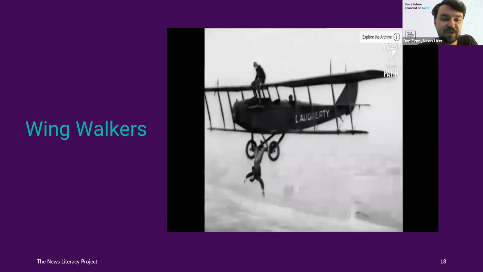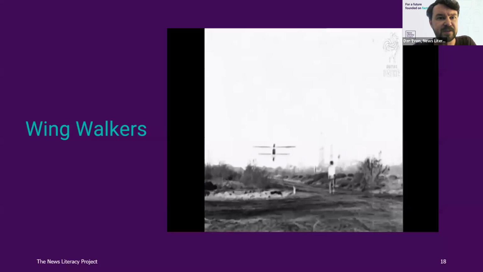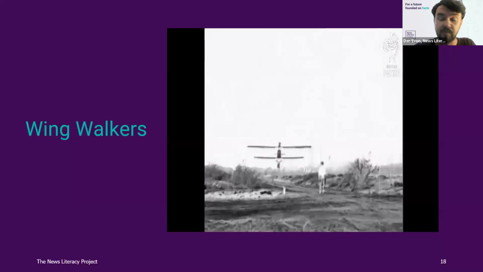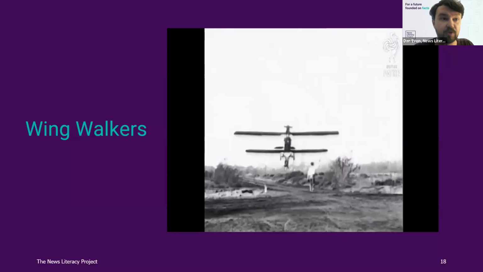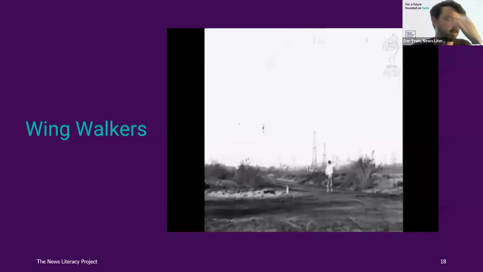Now, the reason I show this is because we make a big deal of critical observation, of looking at content, looking at media, and looking for the telltale signs of whether something's fake, whether the shadows are off, or whether the person has too many fingers. But we can't just rely on the naked eye.